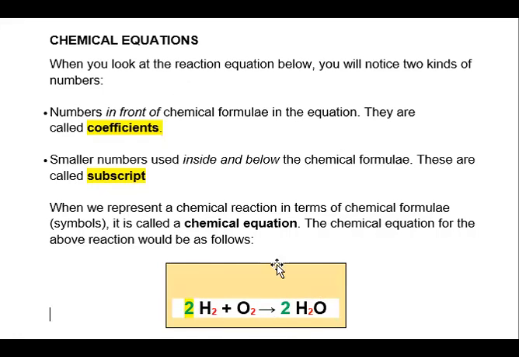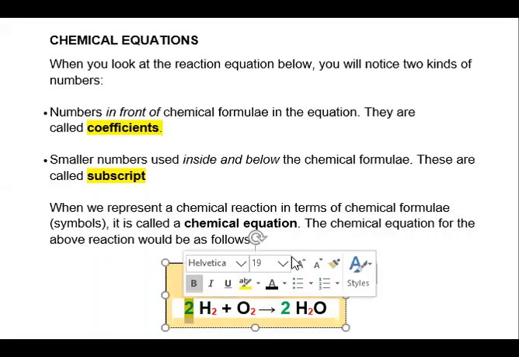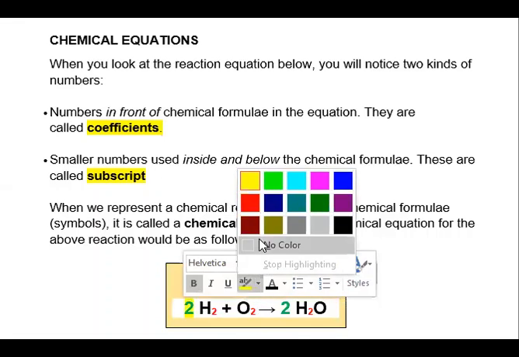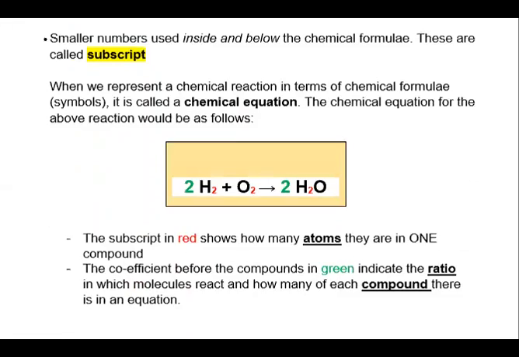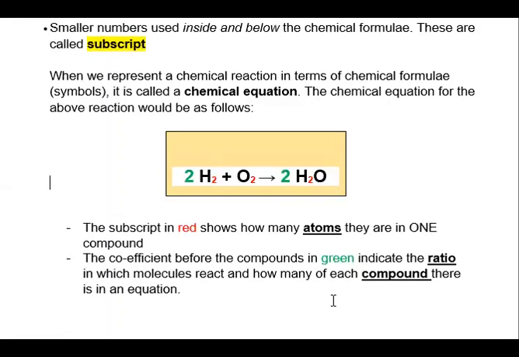If we look at the equation over here, all the numbers in green that come before the compound are called coefficients. And the smaller numbers, the ones in red, are called subscripts. Let's learn a little bit about what they mean. A subscript in red shows us how many atoms there are in one compound. Let's look at H2O.